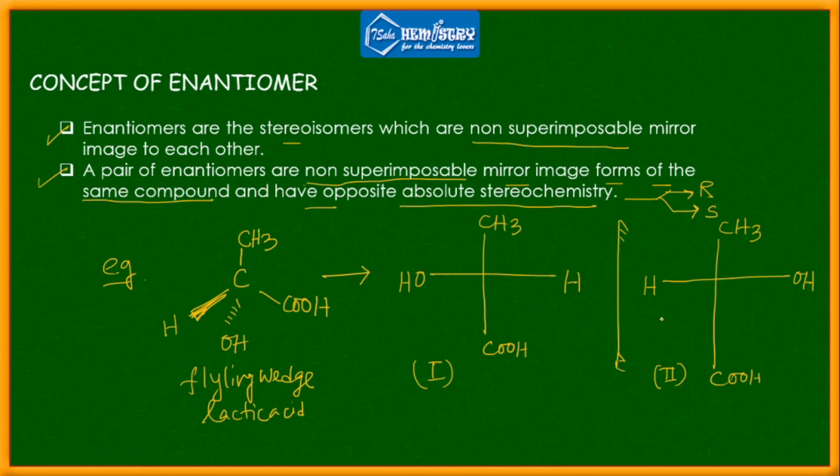Why? Because they are non-superimposable mirror images. So if after the experiment it is seen that compound number 1 is dextrorotatory, then its mirror image should be levorotatory. So this is the concept of enantiomer. If the object is dextro, then the mirror image is levo and vice versa.